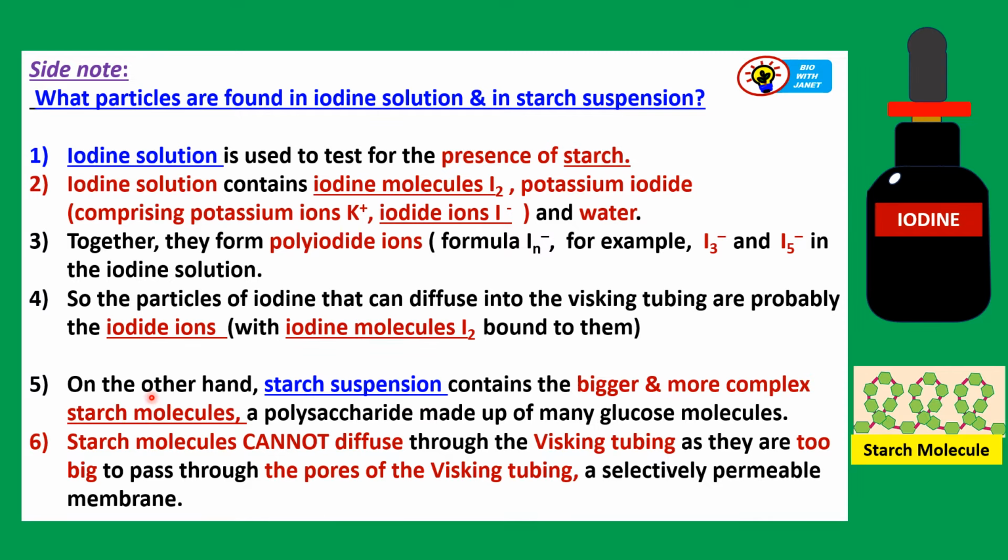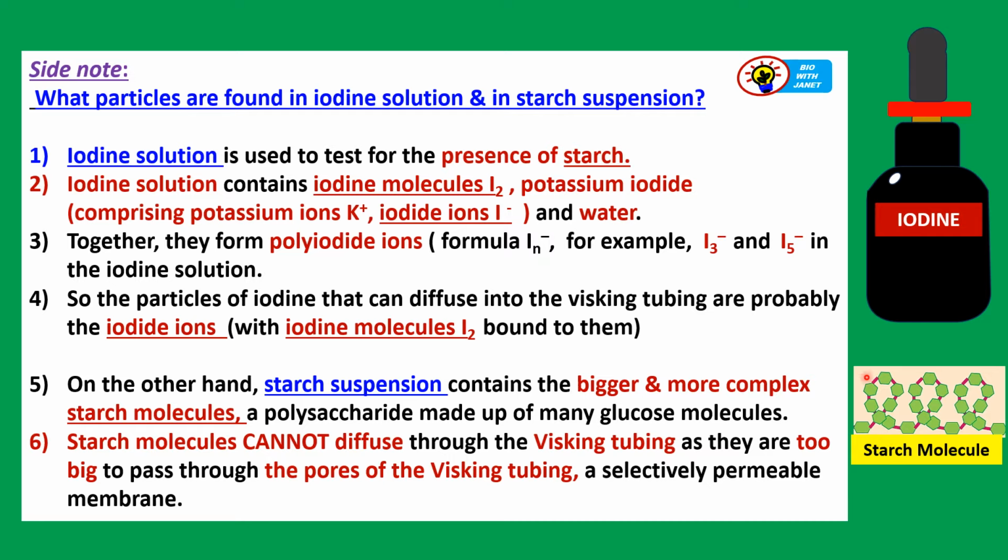Okay. Now, on the other hand, the starch suspension contains the bigger and more complex starch molecules. Okay, so starch molecules are polysaccharides made up of many glucose molecules which act as the monomers. For example, here you see the structure of one starch molecule. Okay, it's spiral in shape, and it can also have a branched structure.